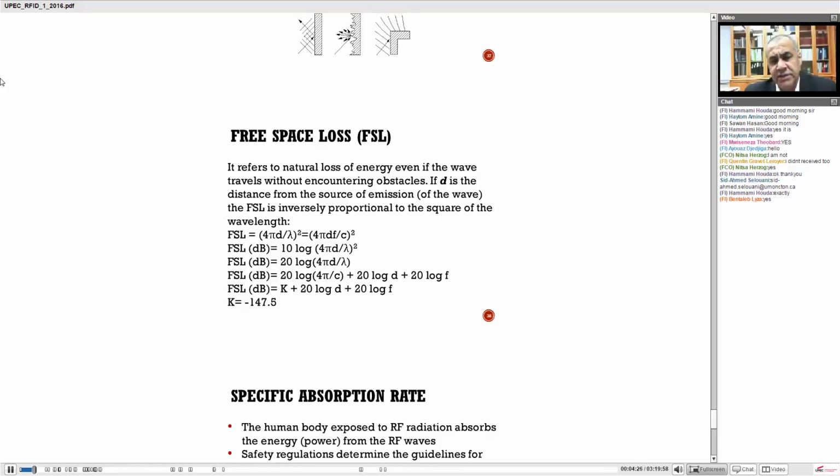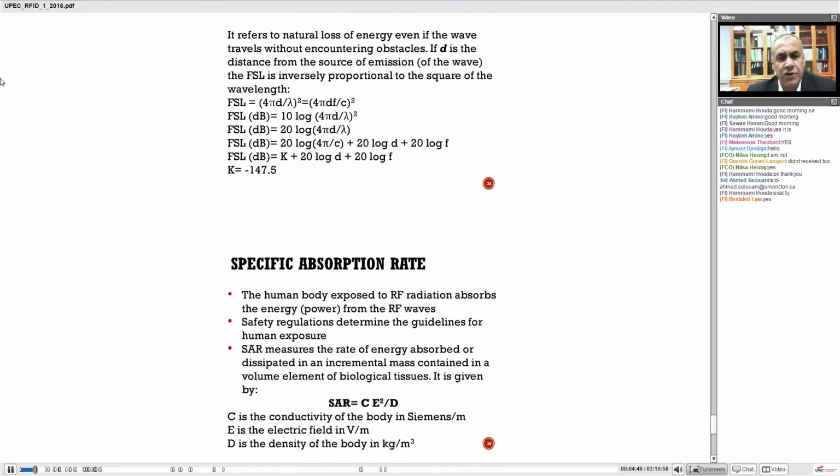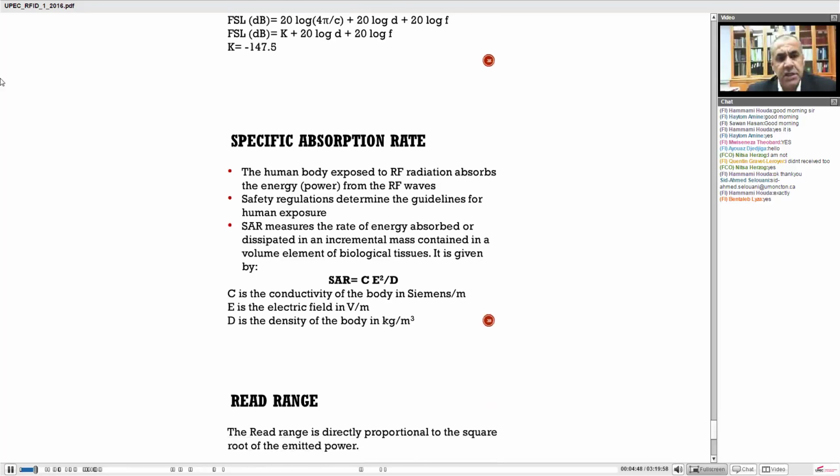So you have these variables and this constant, which I calculated and denoted K, and K is equal to 147.5. So it's easy to calculate the free space loss for electromagnetic waves.